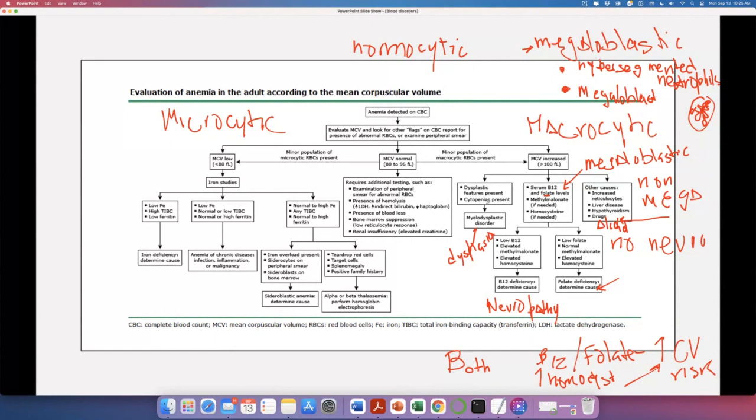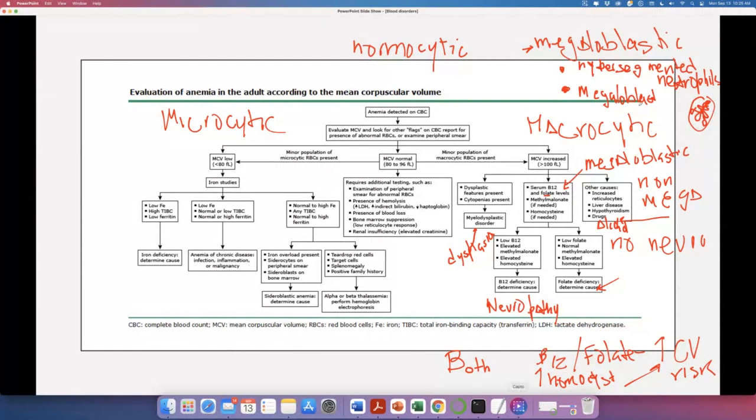For example, if they have the macrocytic anemia and also they have low levels of white blood cells or low levels of platelets, we have to look at precursors of the leukemias. This is like a premalignant lesion. The patient may develop a leukemia in the future.